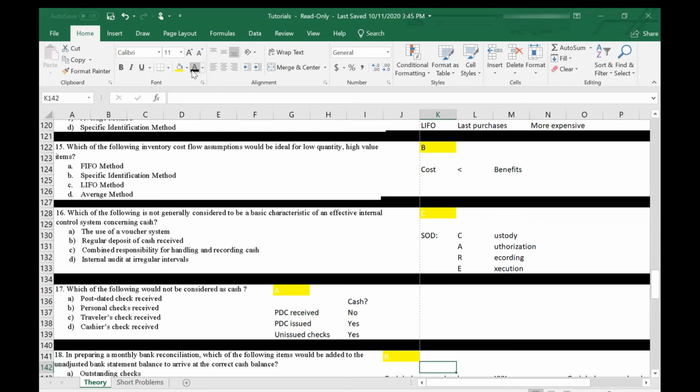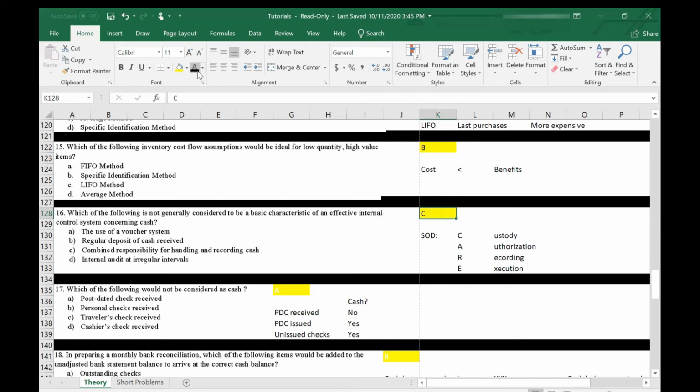Letter C, that's the answer. The combined responsibility for handling and recording cash. That's not an effective internal control. Why? Because it violates the principle of SOD, or segregation of duties. Under the principle of segregation of duties, there are incompatible functions that shall not be vested upon the same person.